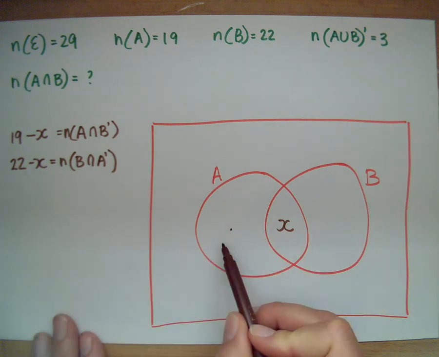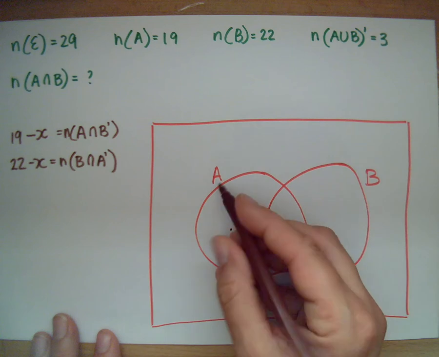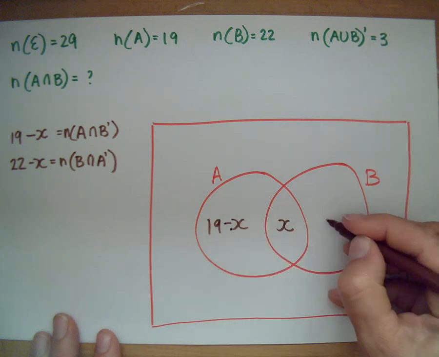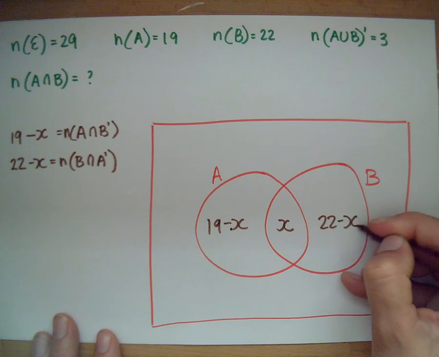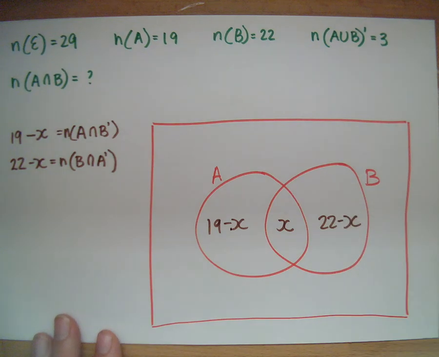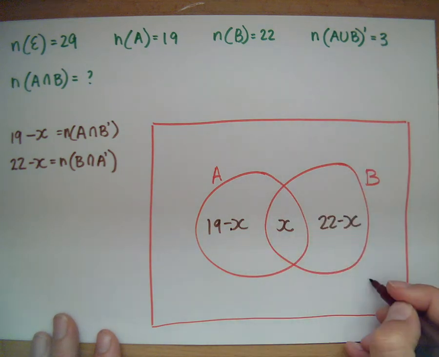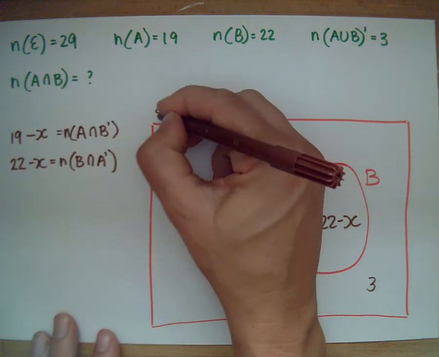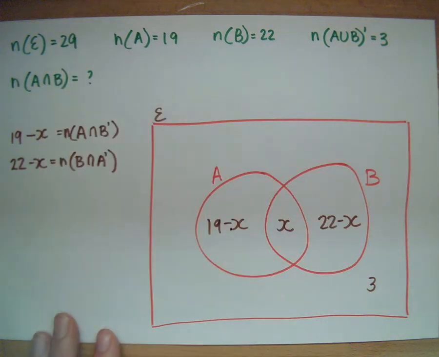We can write these expressions in here. 19 minus x, 22 minus x. We know that there are 3 students that don't study either, so they're out here. Plus we know the total number in our set, and that's 29.